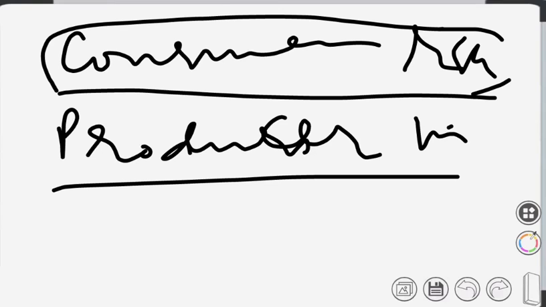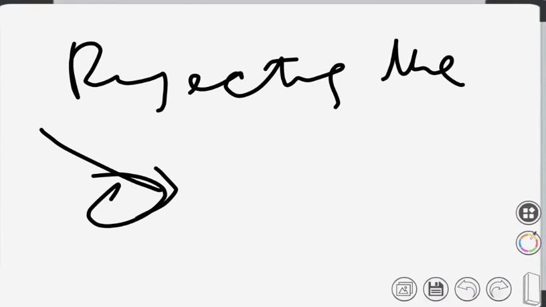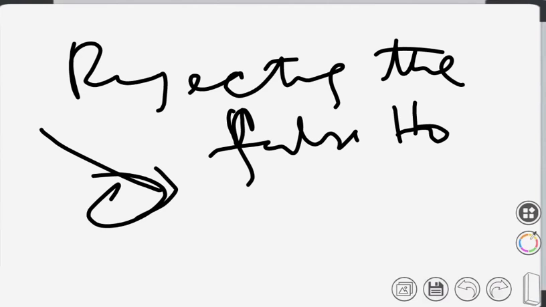In fact, the other part is, I'll just take 2 more minutes. Rejecting a false null hypothesis is called beta. The other part is called the power of the test. Please write.